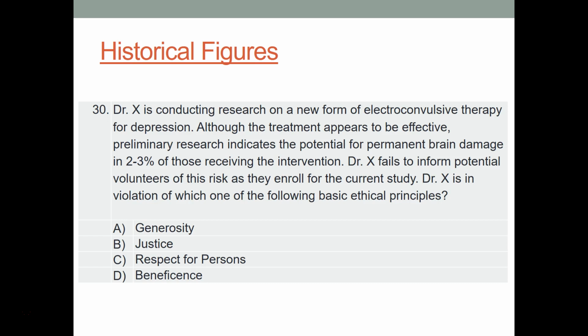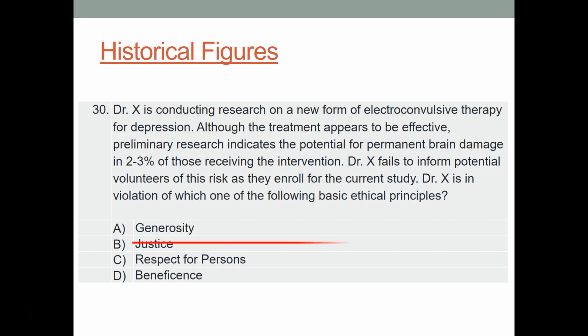I don't remember generosity as one of the things that we had talked about, but we'll leave it for now. B, justice. Remember that justice was this idea of fair and equitable treatment across all individuals in the population. So we're not just conducting the research on this one group of people to then force another group of people to get the benefit. We're not really getting at anything here. Basically, we're keeping secrets from participants.